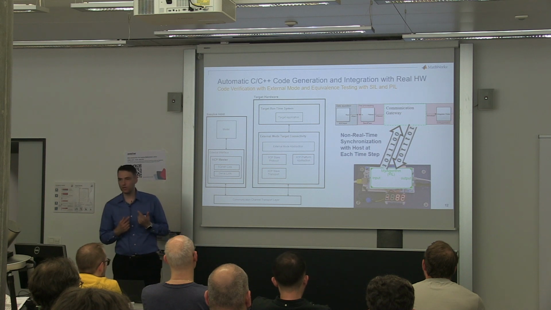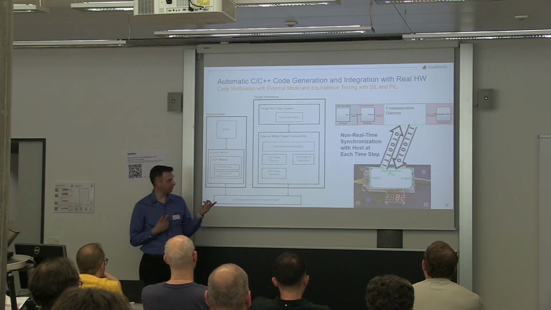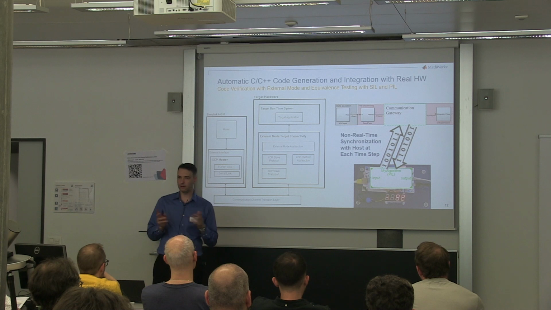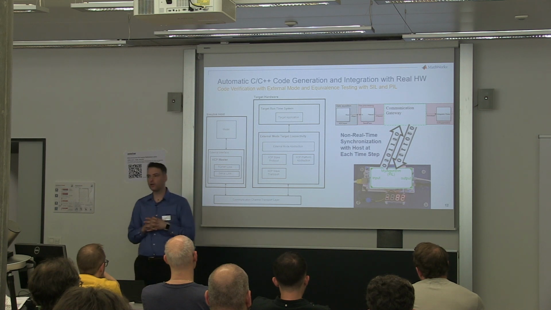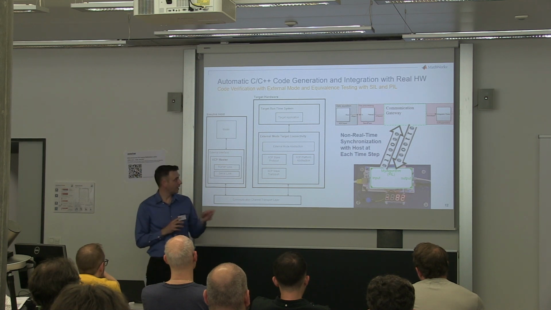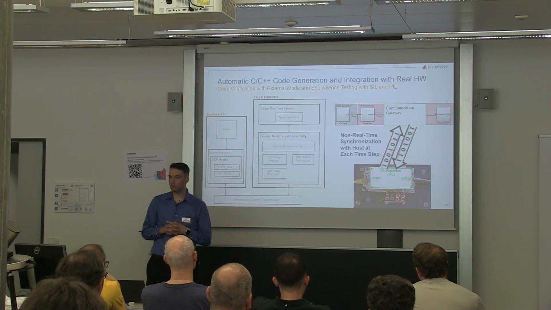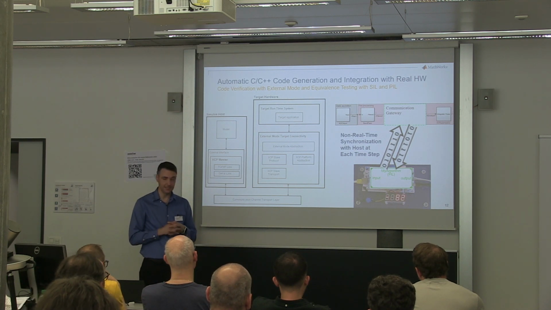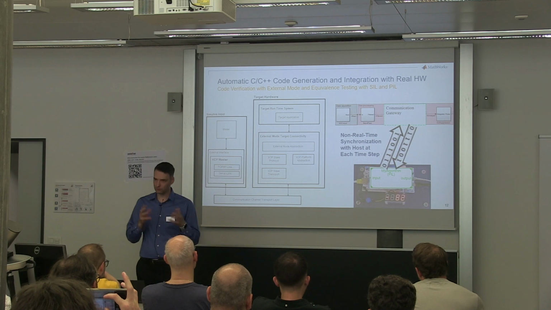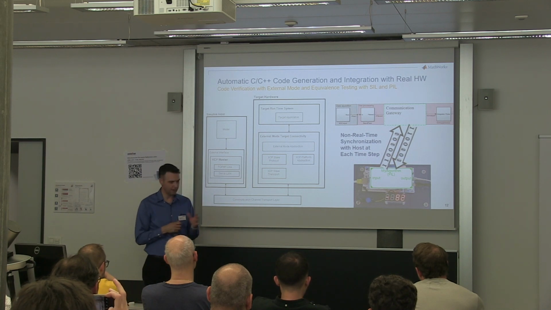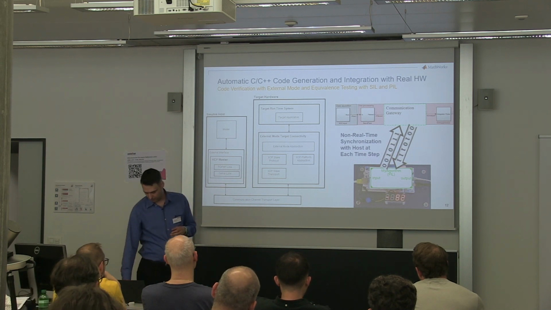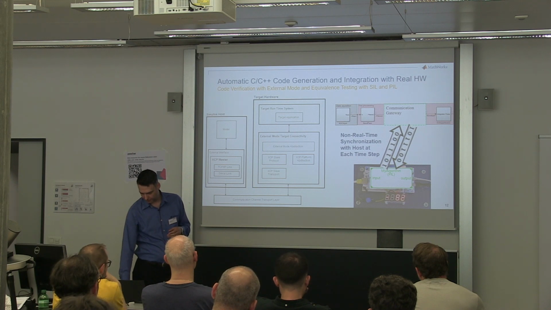Then we will set up a communication protocol between the target and the host. And this type of verification is non-real-time verification because every bit that is sent through the communication network is indeed verified for integrity. So that's why every bit is verified, and this is not a real-time verification technique.